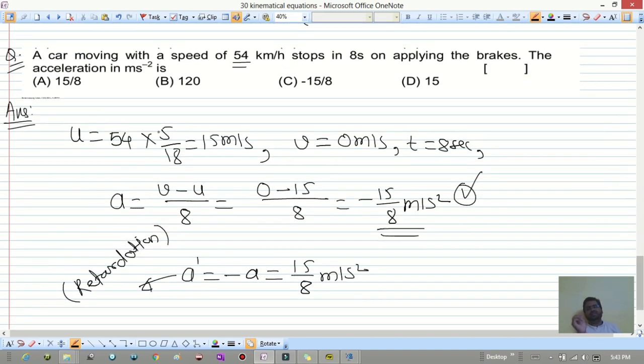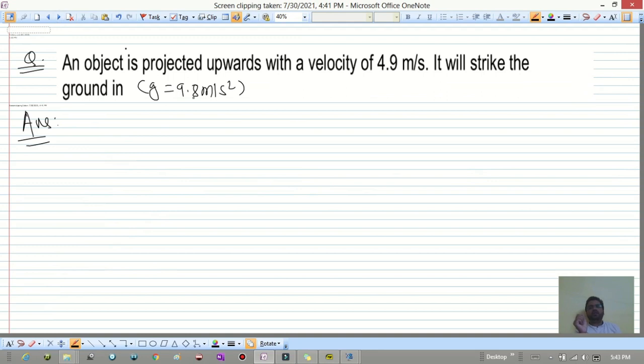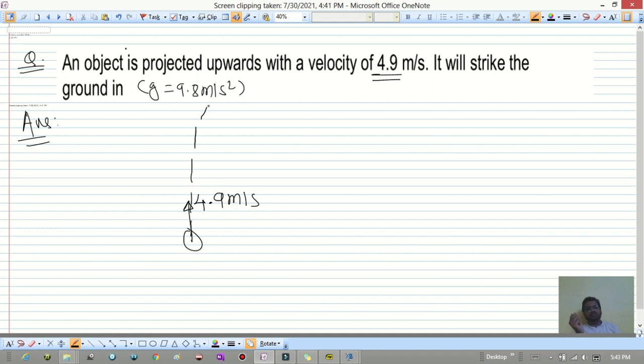So the next one: an object is projected upward with velocity 4.9 meter per second. It will strike the ground in? Okay, so we want what is called the time of flight. Why?